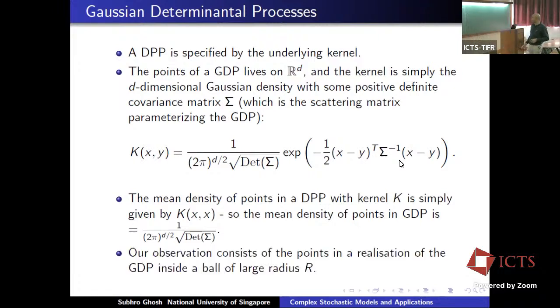And what is our observation? What are the points that we observe? Generally speaking, of course, it's an infinite point set in the continuum. But in practice, and even for simulation purposes, we are only going to be able to handle a finite number of points, and this finite number of points is usually going to be all the points of the Gaussian determinantal process that fall within a ball of radius r in dimension d.